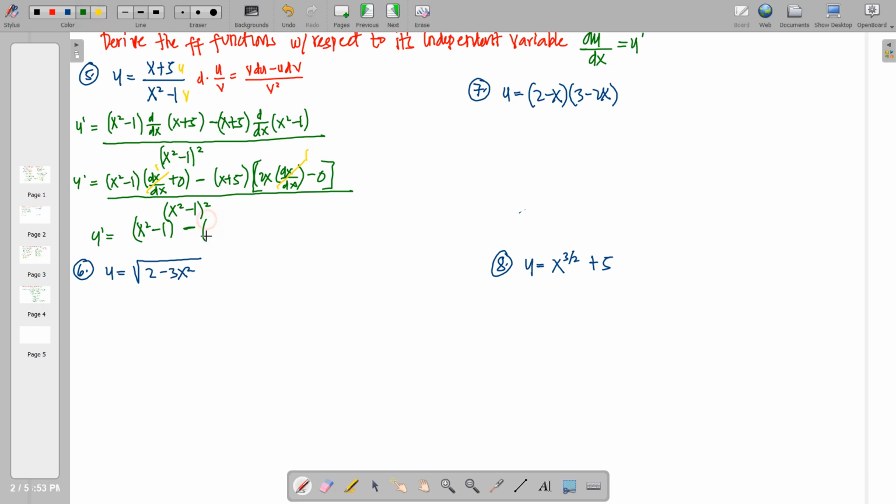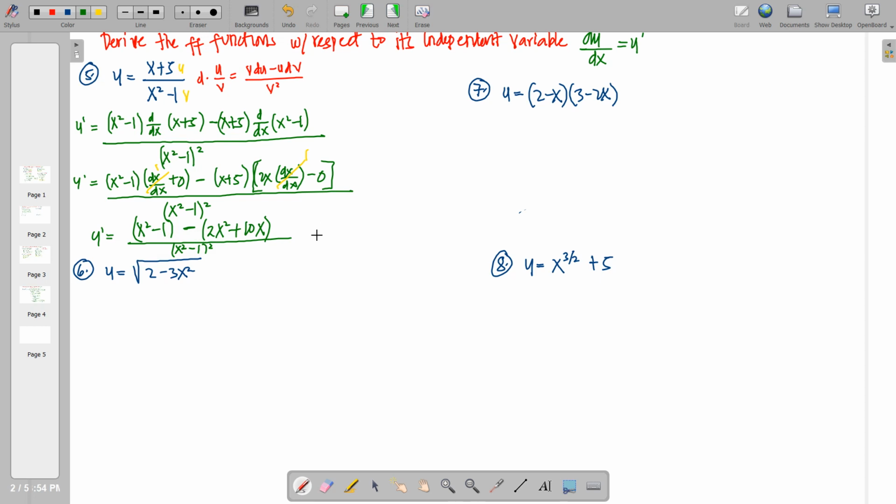On the first term becomes 2x squared plus 10x. So we divide this by your denominator equivalent to x squared minus 1, and that is squared.